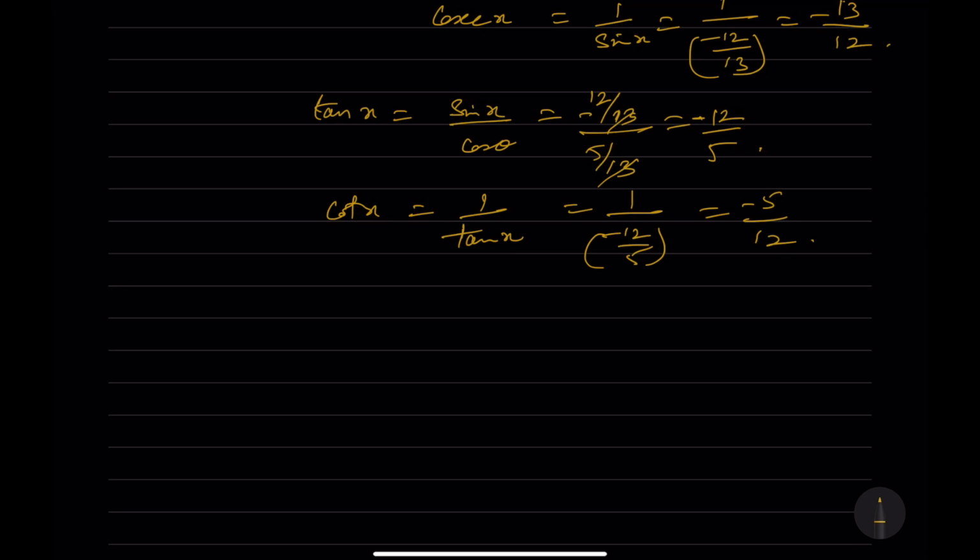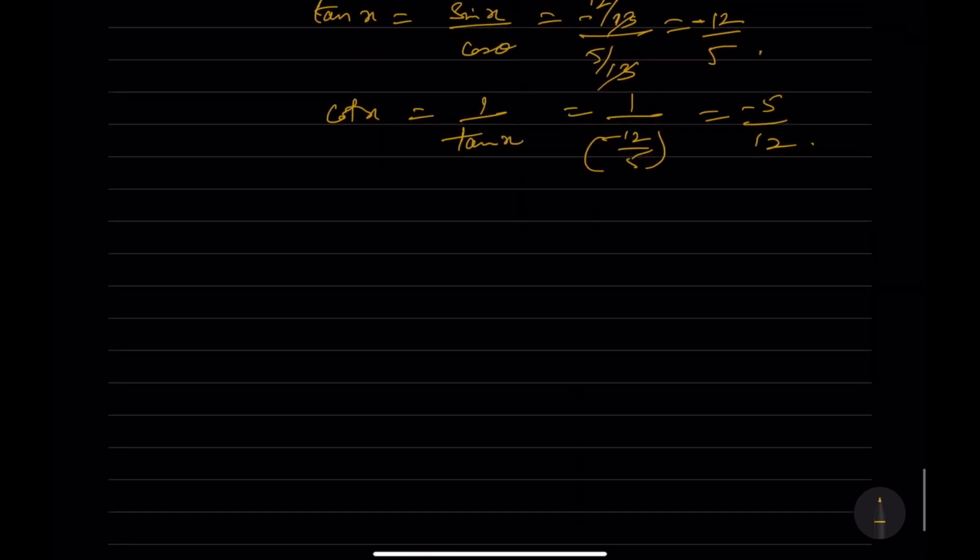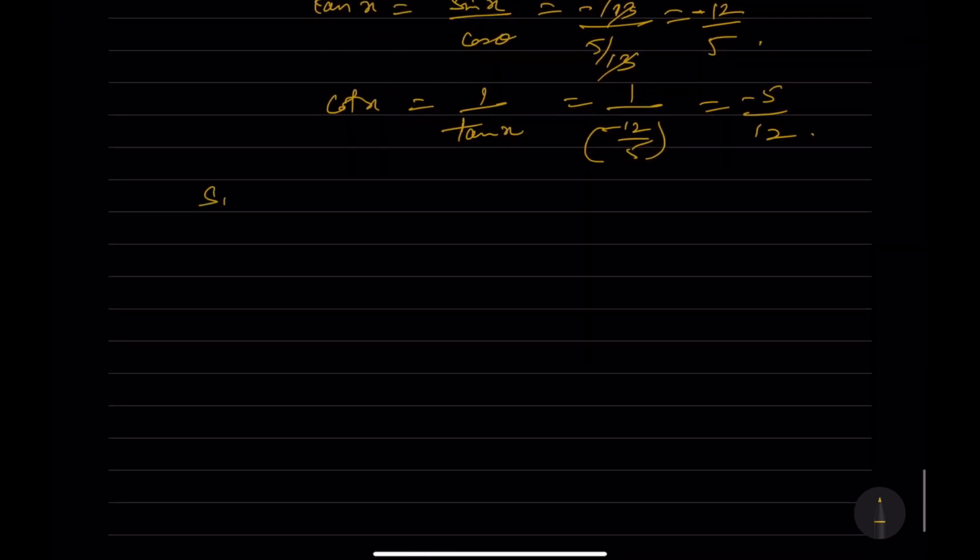That means from here, you can write down all those values: sin x, cos x. Sin x is equal to how much? Then cosecant x is equal to how much? Then what is cos x? Cos x is equal to how much?